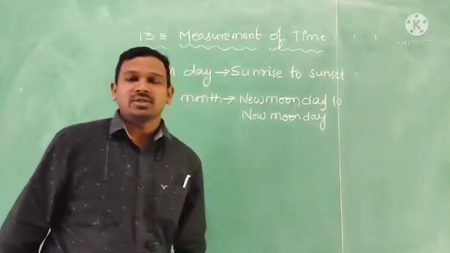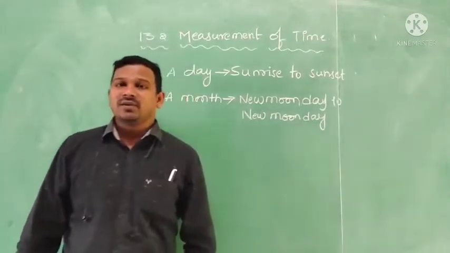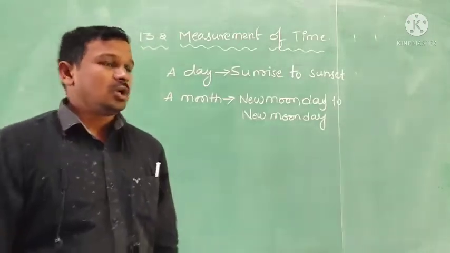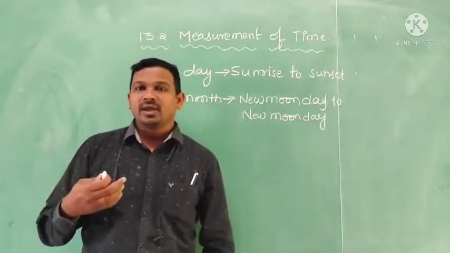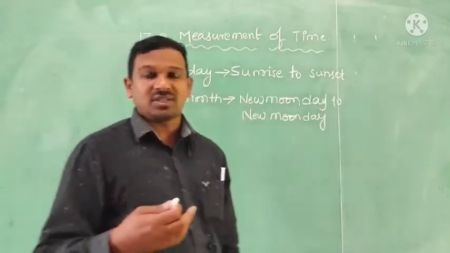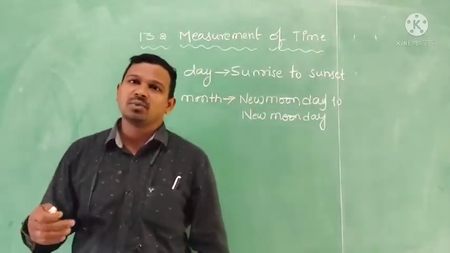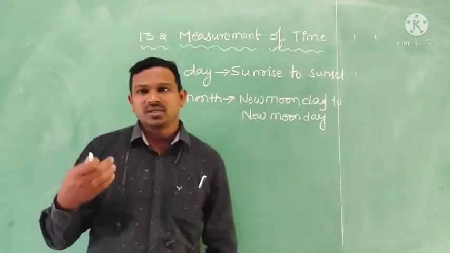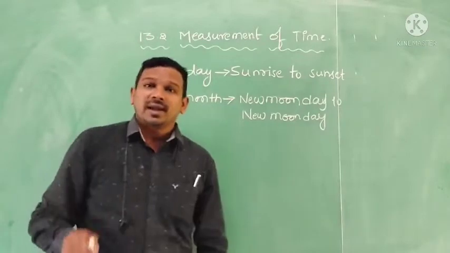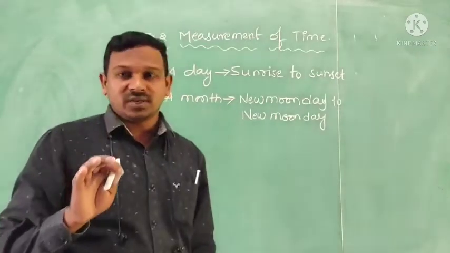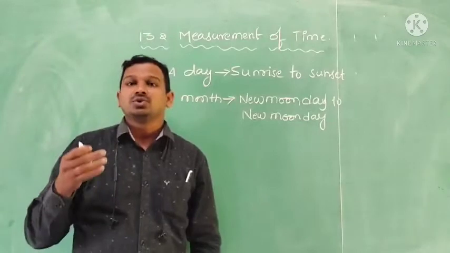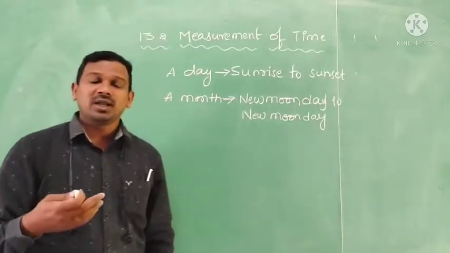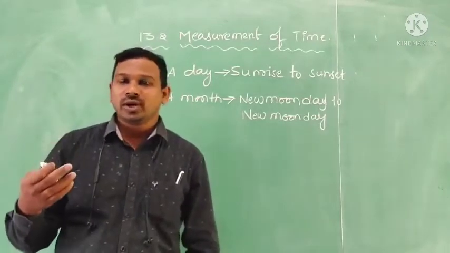In Telugu, in our culture, we have Amavasya as well as Paurnami, right? If one Paurnami happens today, after 15 days we get Amavasya, and again after 15 days we get Paurnami. So the gap between one new moon day and the next is nearly 1 month. Like that they decide whether it is 1 month or 2 months. So to tell a day, they use sunrise and sunset. To tell a month, they use new moon day to new moon day.